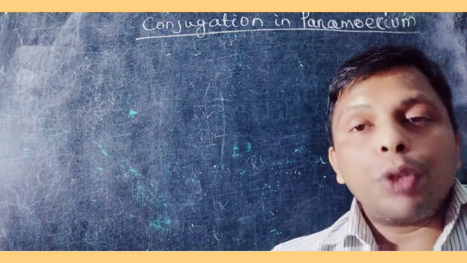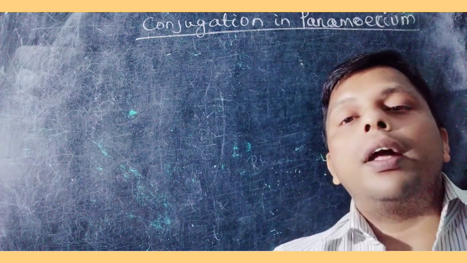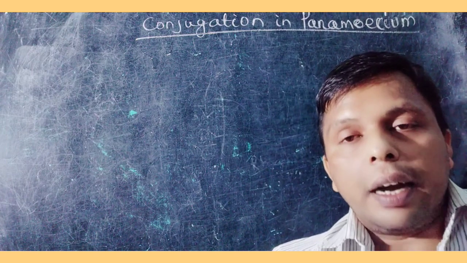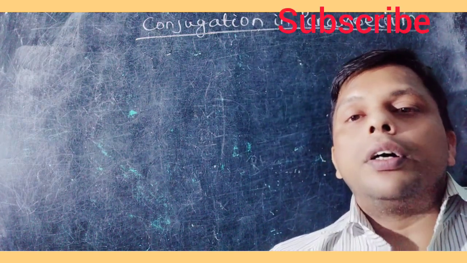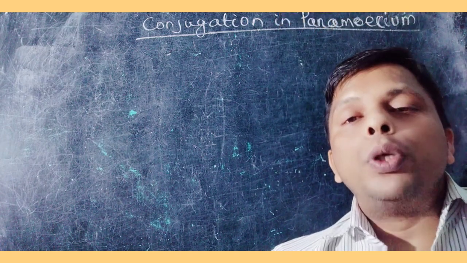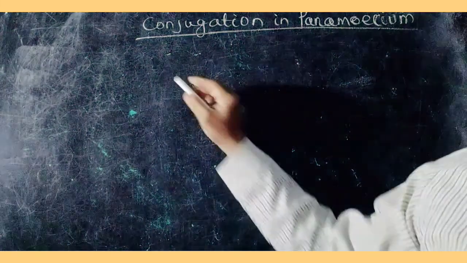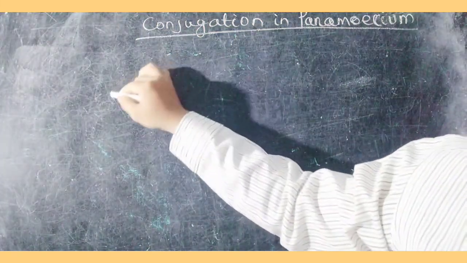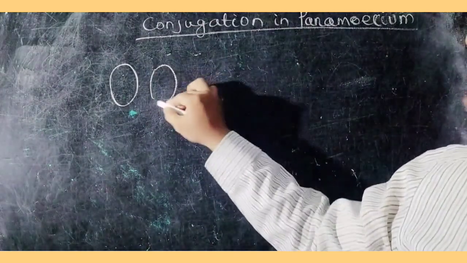The Paramecium taking part in conjugation are called conjugants, and the conjugants are always of opposite strain. Suppose these are two Paramecium, one Paramecium, another Paramecium.